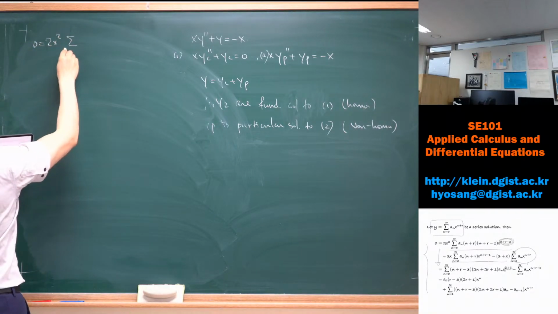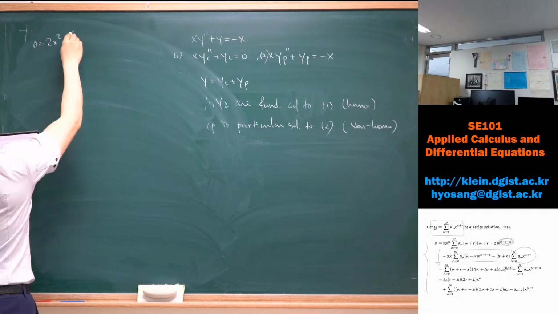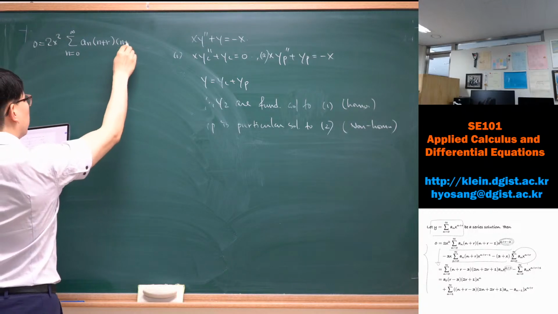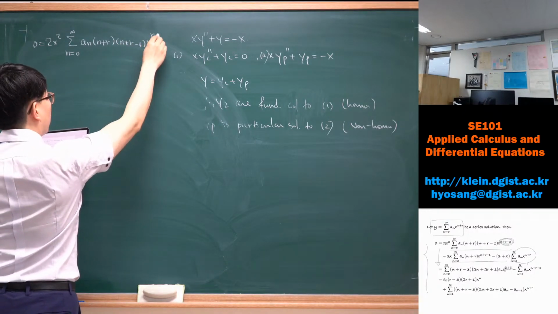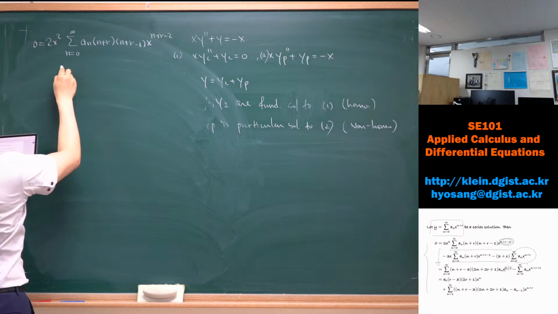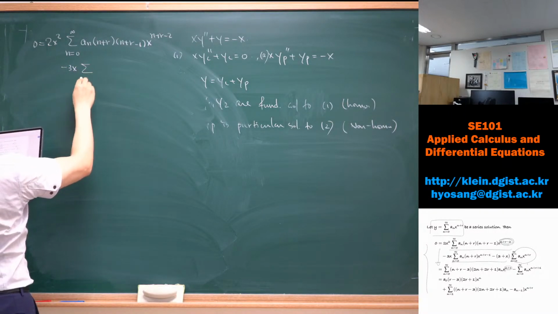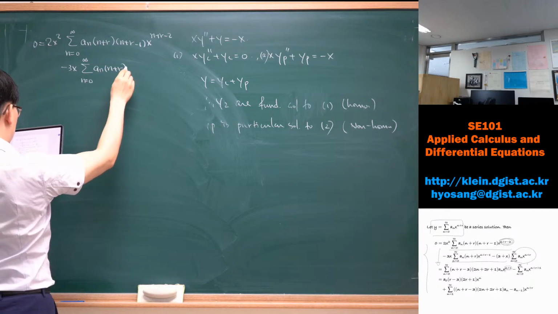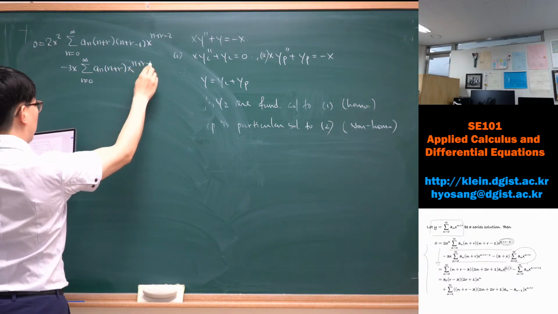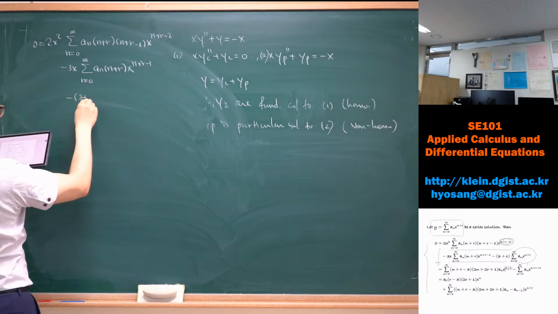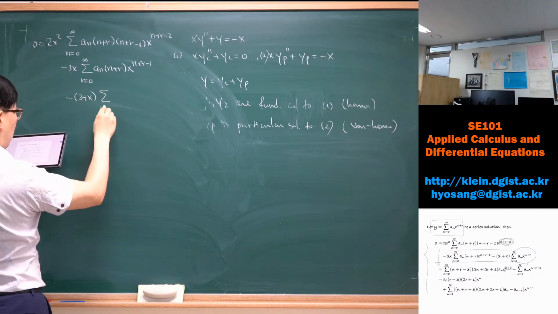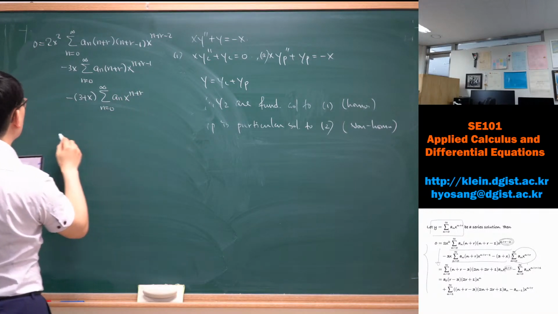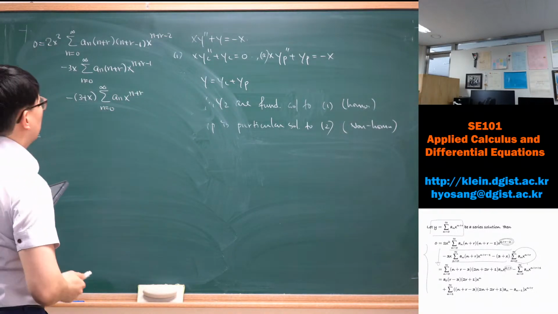So we have 2x squared times the sum from n equals 0 to infinity of a_n (n plus r)(n plus r minus 1) x to the power n plus r minus 2, minus 3x times the sum of a_n (n plus r) x to the n plus r minus 1, minus 3 plus x times the sum of a_n x to the n plus r, equals 0.